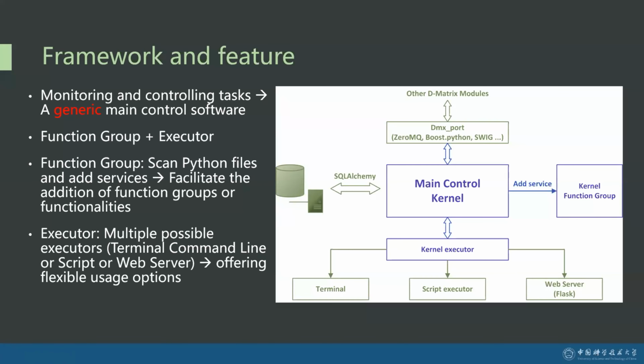Our other dmatrix software modules are mostly developed in C++, so an interface between C++ and Python is needed. We have encapsulated a dmatrix port that now supports ZeroMQ, Boost.Python, and SWIG. And we support functions like bind, connect, send, and receive.